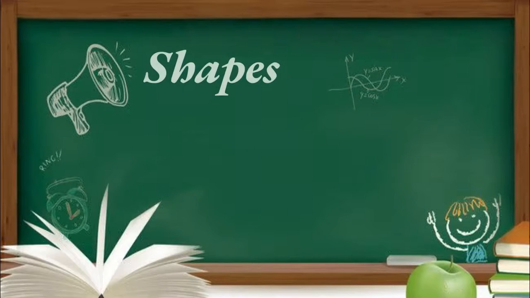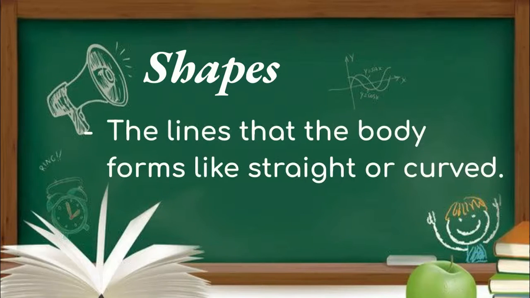Let's start with shapes. This refers to the lines that the body forms, like straight or curved, symmetrical or asymmetrical. The word shape is self-explanatory. You will form different shapes, either straight or curved, symmetrical or asymmetrical.